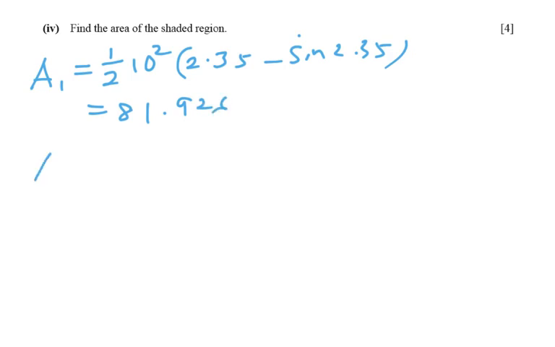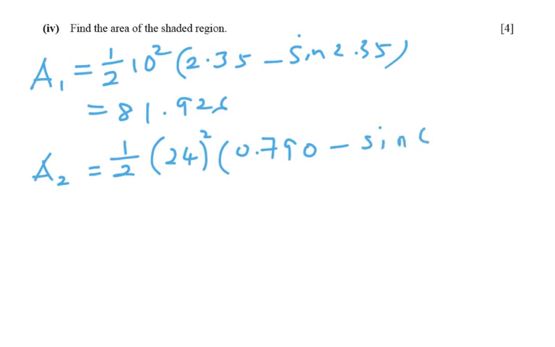For the area of the segment for the bigger circle will be 1 over 2, 24 squared times with 0.790 minus sine of 0.790, which will give you 22.94.